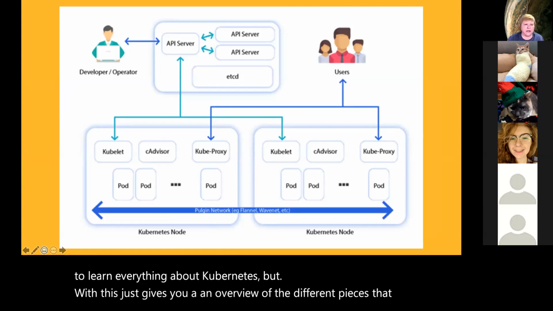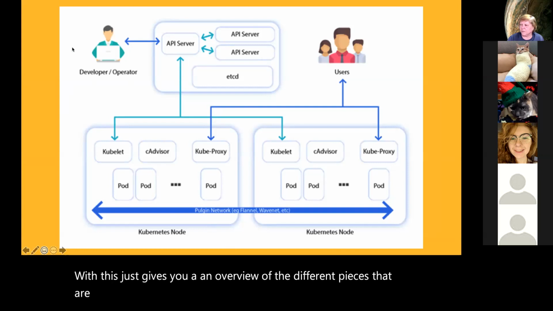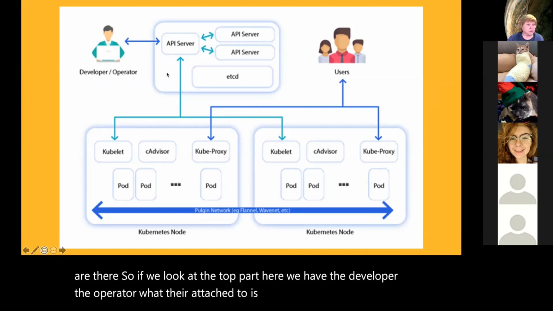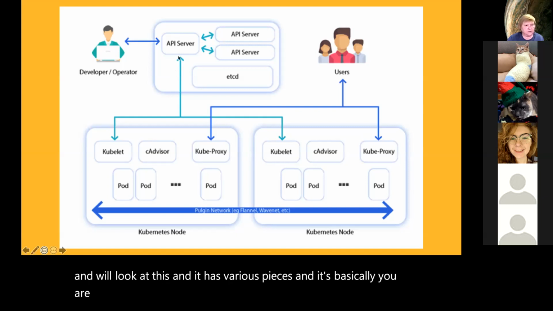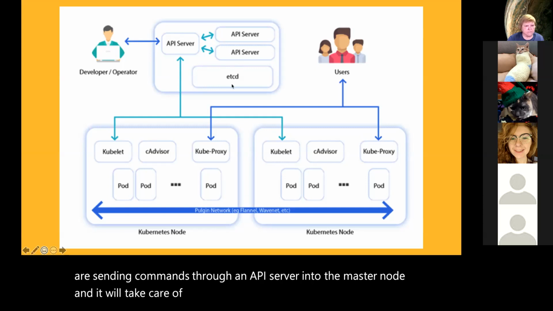So if we look at the top part here where we have the developer, the operator, what they're attached to is what's called the master node. And we'll look at this, and it has various pieces. And basically you are sending commands through an API server into the master node. And it will take care of all sorts of scheduling and different things like that.